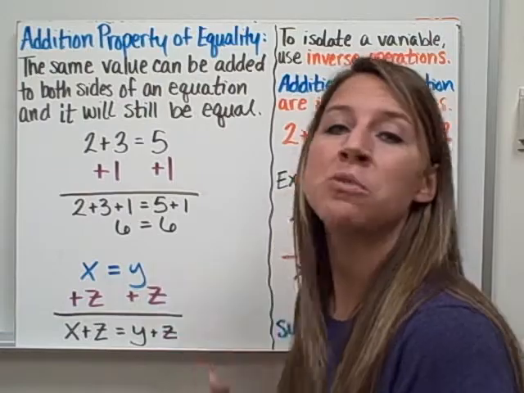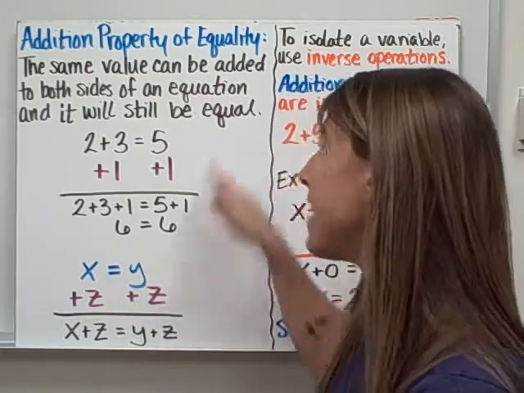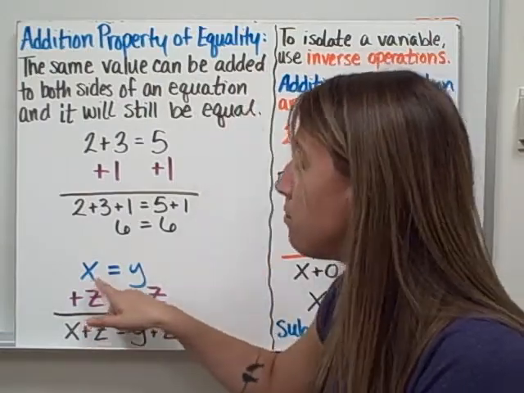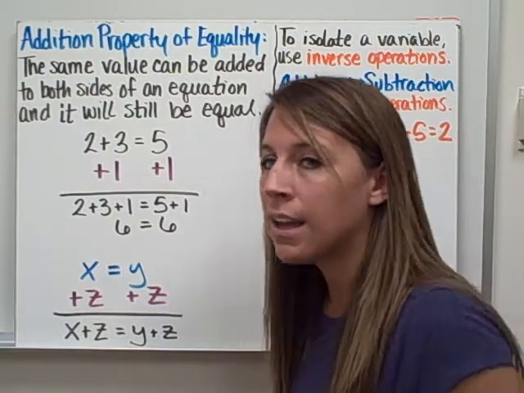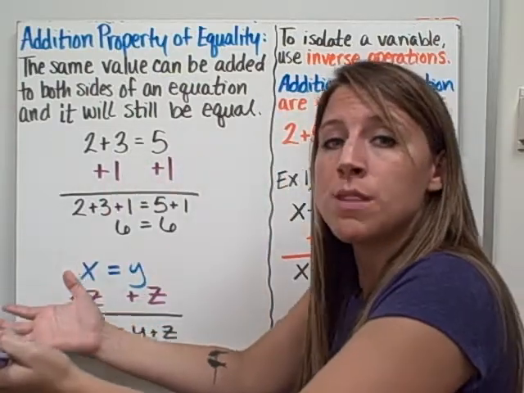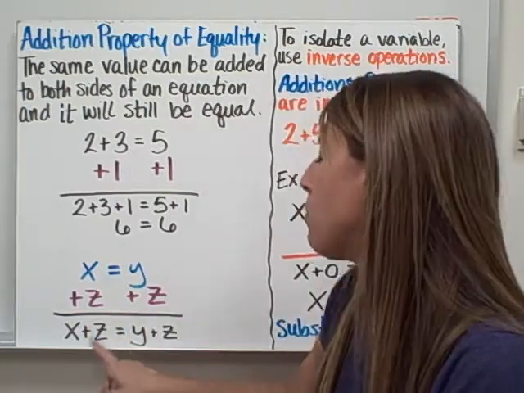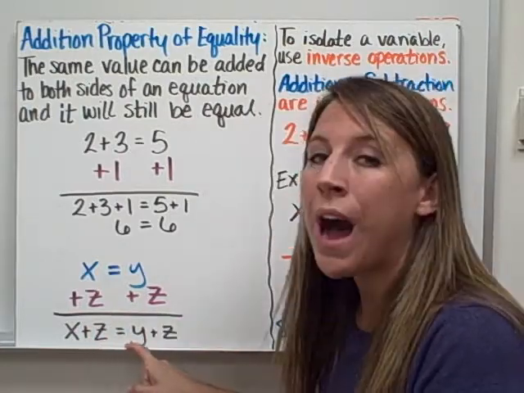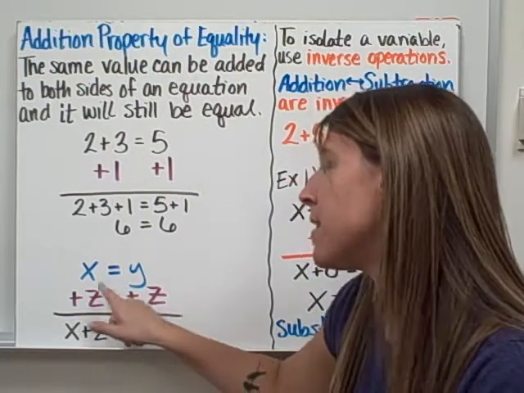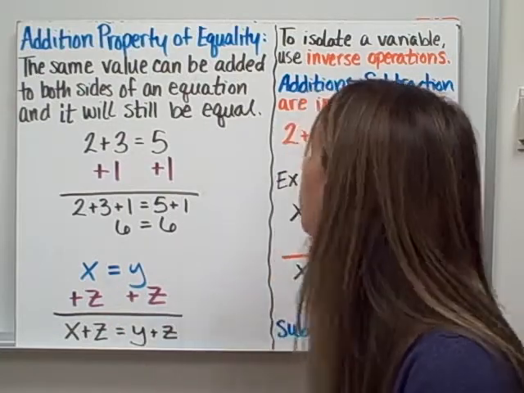Algebraically, we can make generalizations with variables and represent this property. If I begin with x equals y, well, if I add the same thing to both sides, let's say z, for example, then I end up with x plus z equals y plus z. And that is true because x and y were equal to begin with.